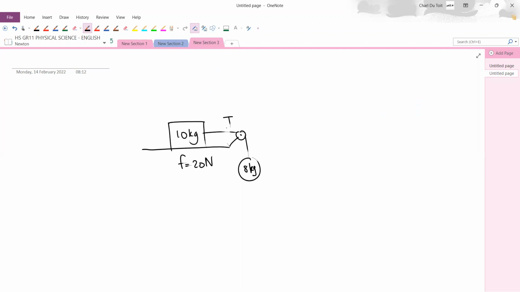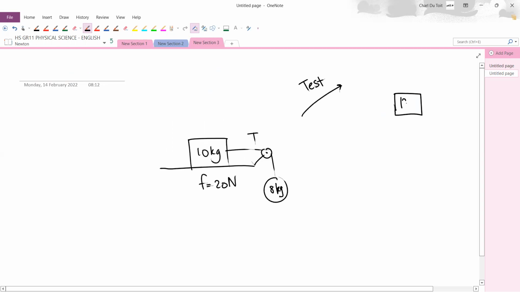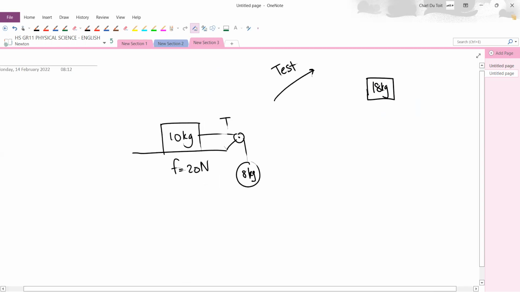In the previous system, which we're going to use just as a test method, we're going to put both of these together as one unit and make it 18 kg. Then all the forces to the left is 20 newtons, because that's the only frictional force to the left. All the forces to the right is the force that the 8 kg exerts on the rope because of its weight.